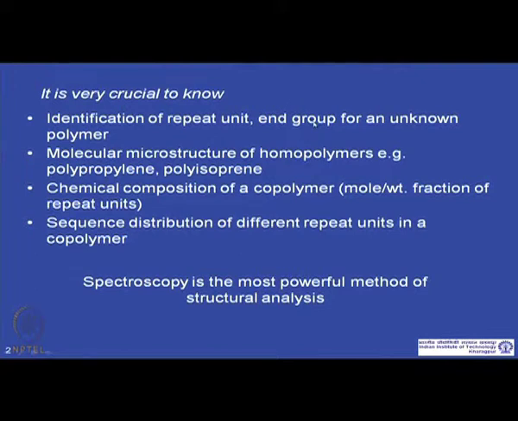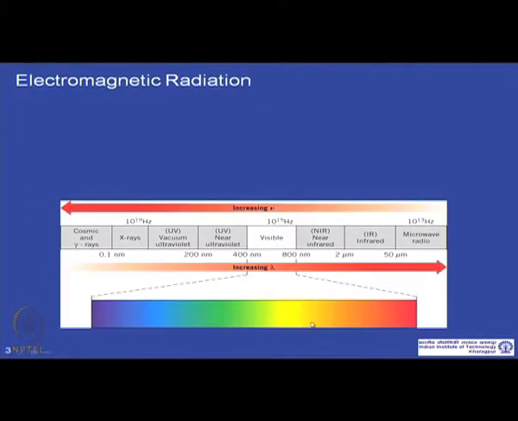We need to find out the end group of that polymer, and the molecular microstructure in terms of homopolymer, for example the tacticity, whether it is syndiotactic, atactic or isotactic, and then the chemical composition of a copolymer, the mole fraction of the repeat units, and the sequence of the different repeat units in a copolymer. And spectroscopy is the most powerful method which we can utilize to get the structural analysis done.